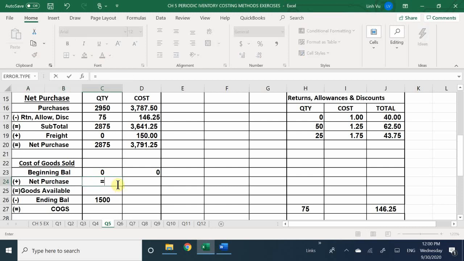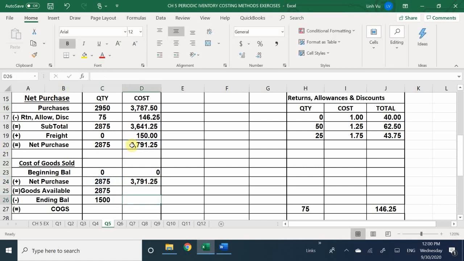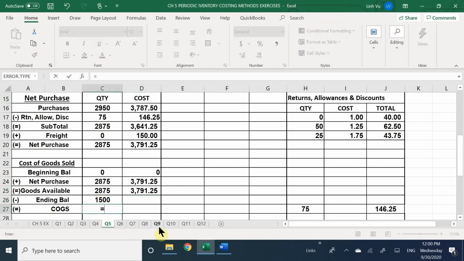So again, we did not have any beginning inventory, and I know from here that I am going to bring down my net purchases, which I know because I don't have any beginning inventory, so therefore my formula is going to reflect the same. Okay. Since I was given the piece of information that I have 1,500 left, I'm going to take my total available.